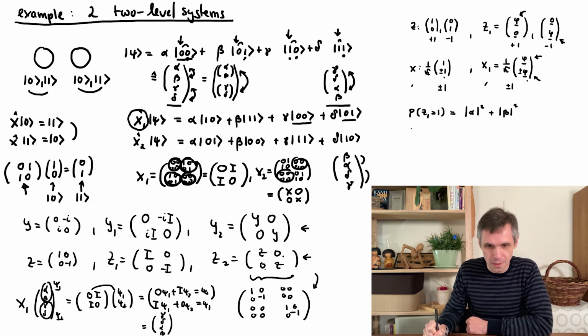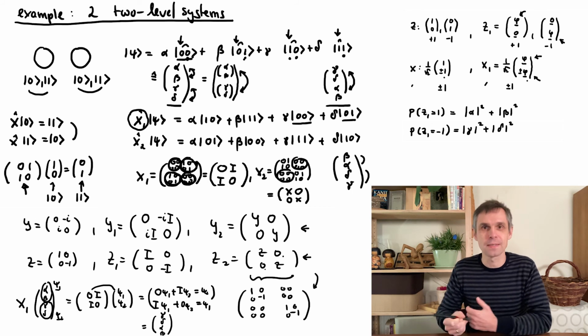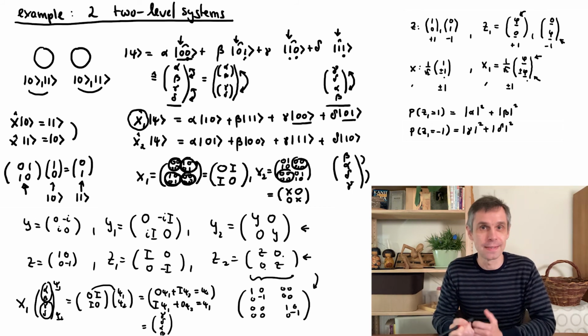And similar for the observation of the other eigenvalue, which is -1, we just get the other two amplitudes because they are in front of the basis states in which the first quantum system is in the state 1.